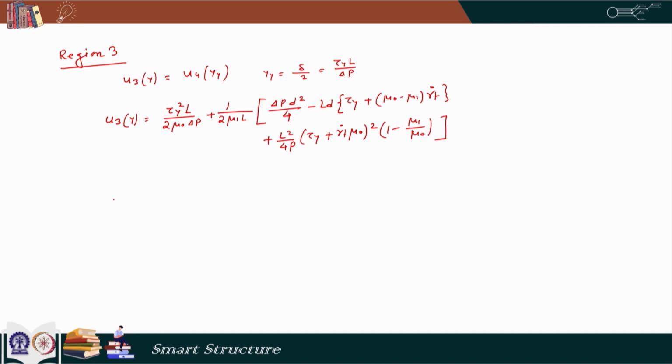So, that is our u3, and that is the constant velocity that is valid over the entire third region.